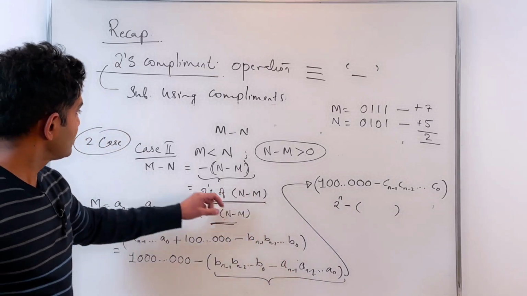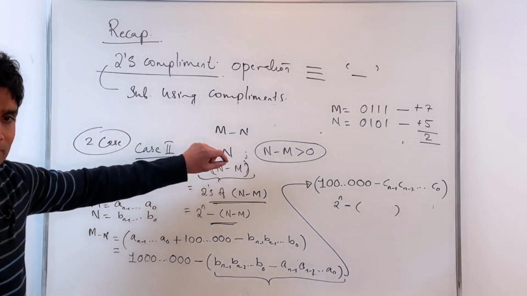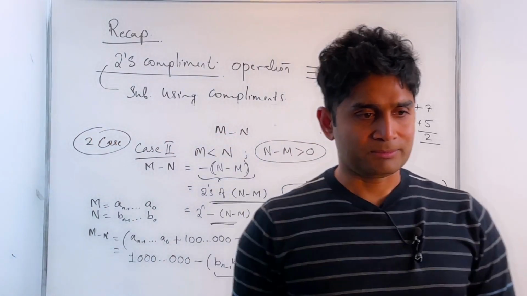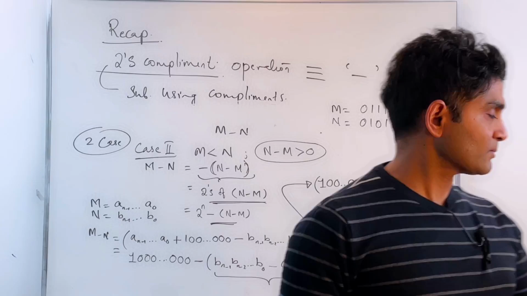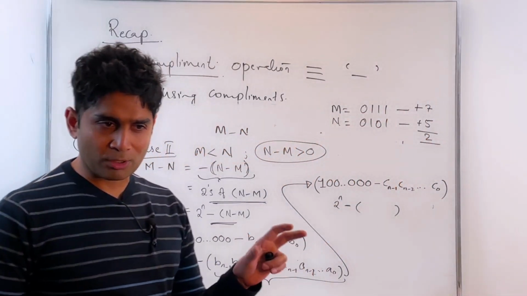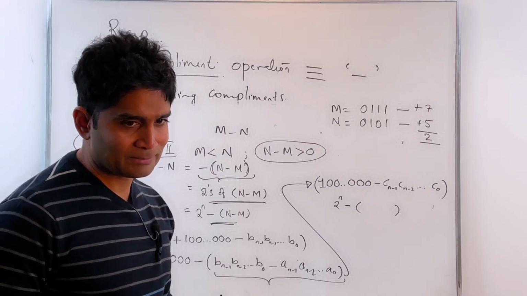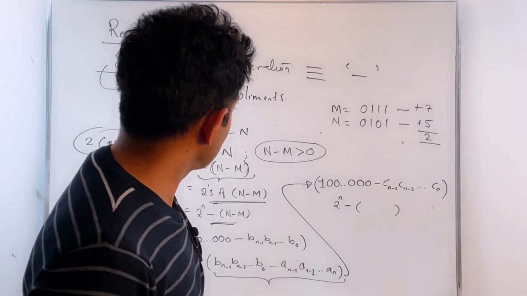In other words, when my m is less than n, the answer is automatically the 2's complement, automatically expressed in the right format. I hope you're able to see that. Do you see that here? It's n minus m, plus 1, that's the 2's complement, right?